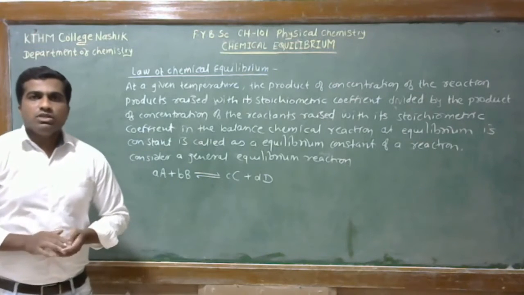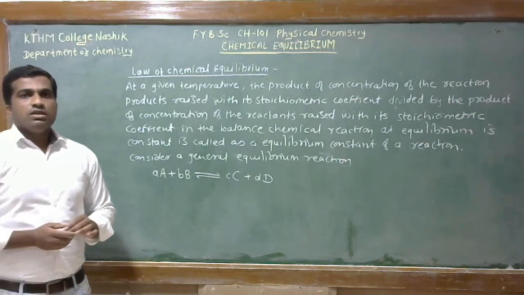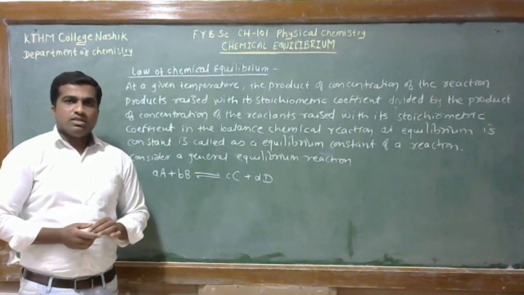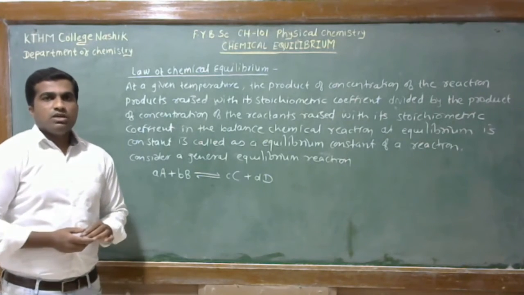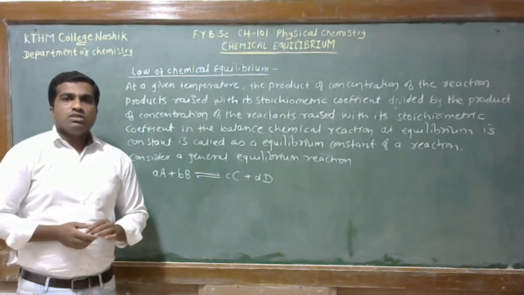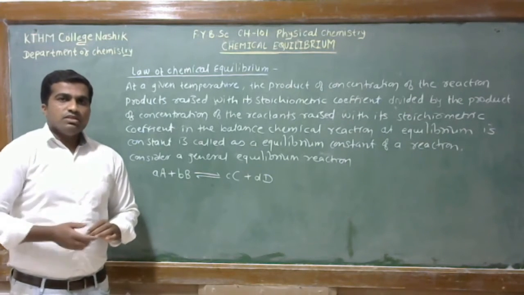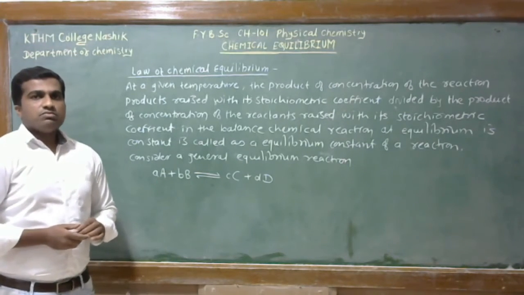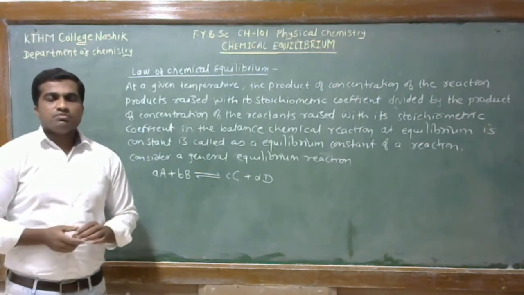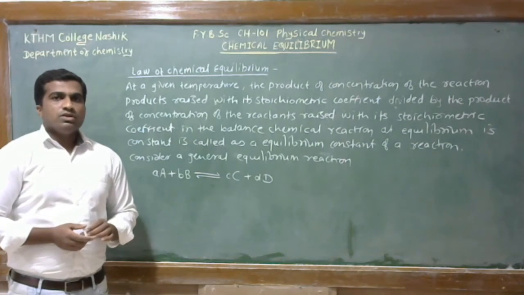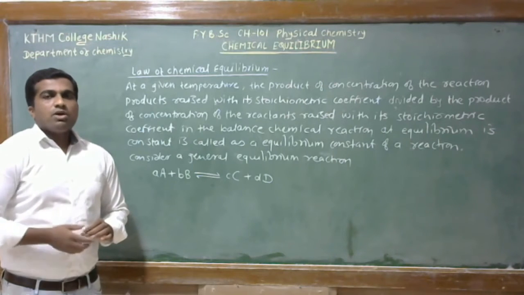So according to the law of mass action, the rate of any chemical reaction is directly proportional to the molar concentration of the reacting substances, with each concentration raised with its number of moles.